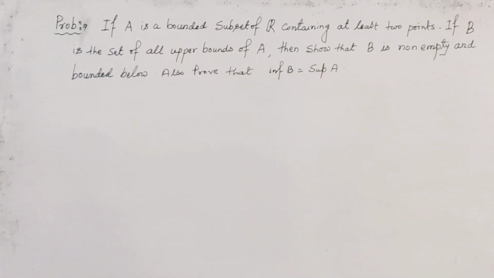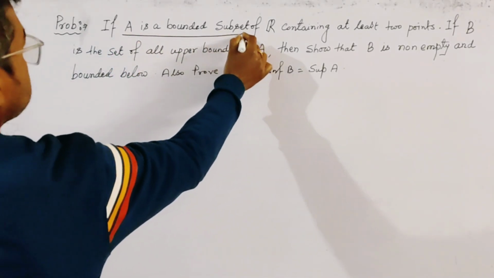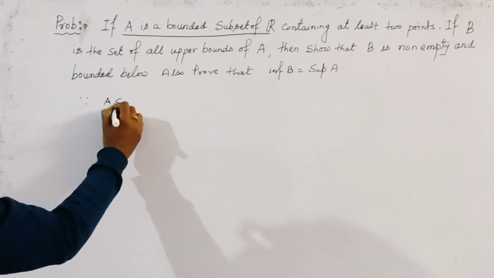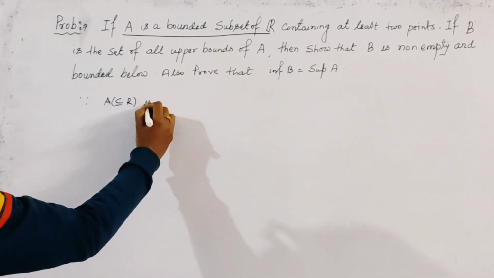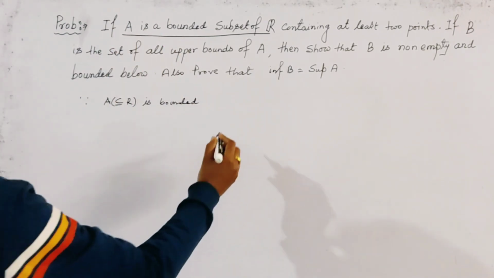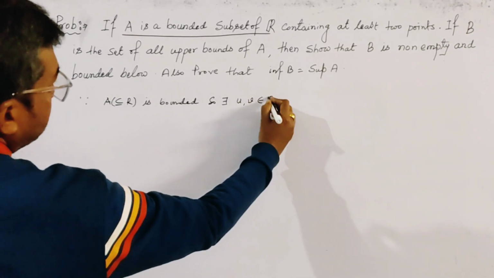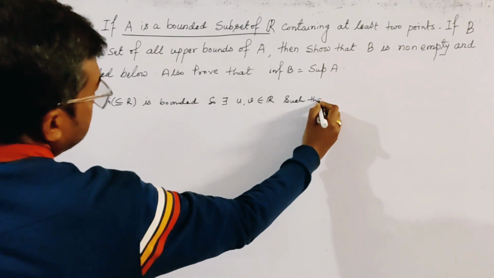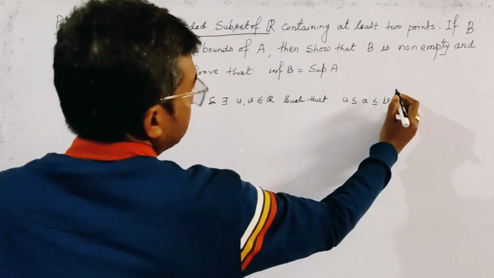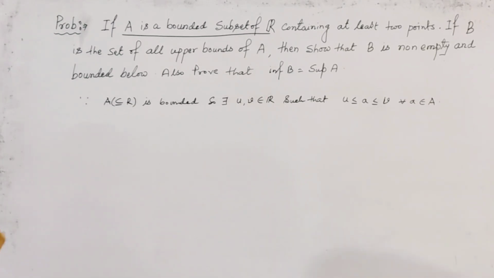Here we first use the definition of a bounded subset of R. Since A, a subset of R, is bounded, from the definition of bounded set there exist U, V belonging to R such that U less than or equal to a less than or equal to V for all a belonging to A. This is the definition of a bounded set, right?